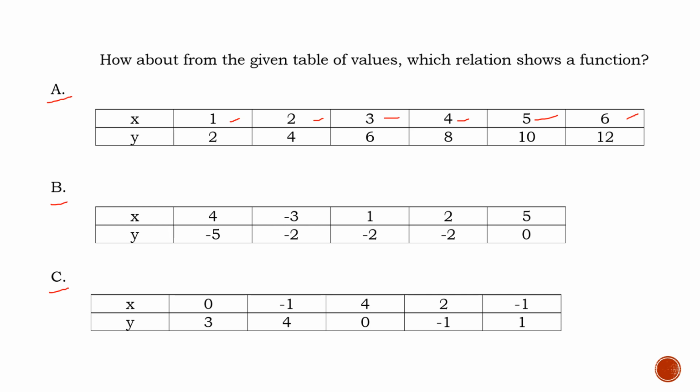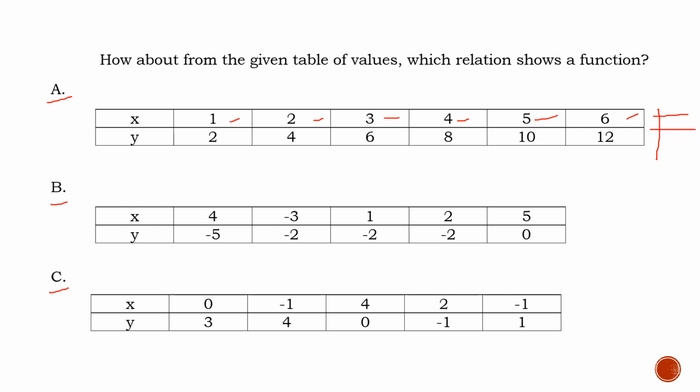We can map your 1 to 2, your 2 to 4, your 3 to 6, 4 to 8, 5 to 10, and 6 to 12. Even in your y values, there is no repetition of values, meaning there is a one-to-one relationship between your x and y values under table A. So this table is a function.